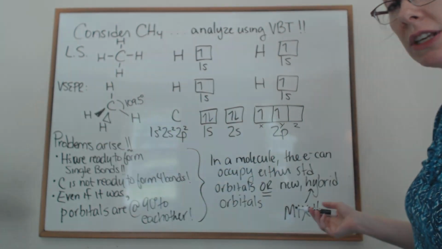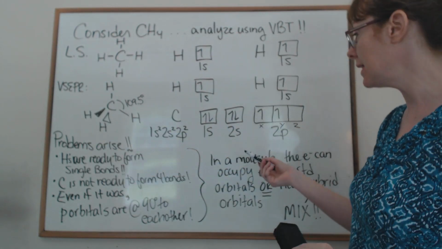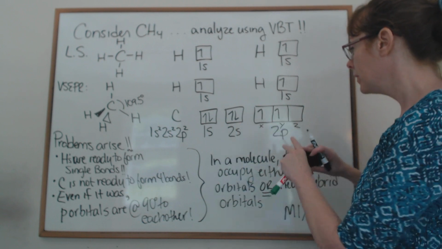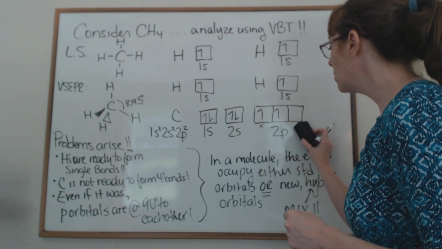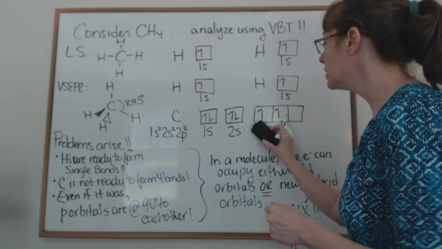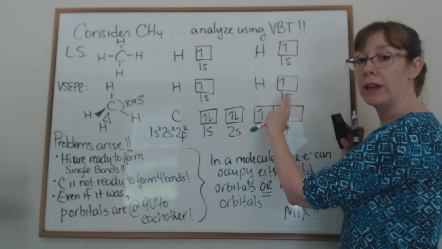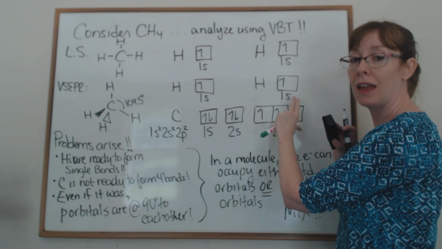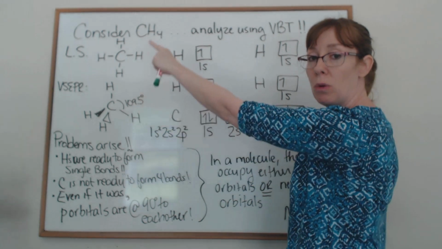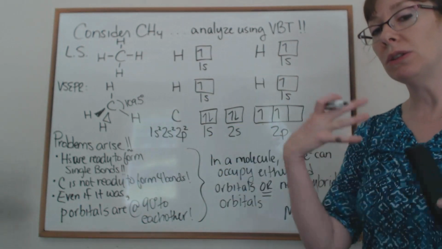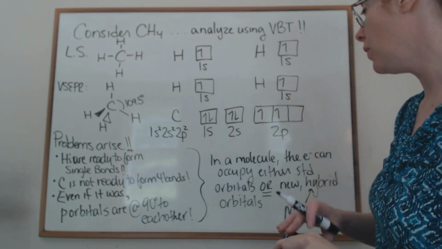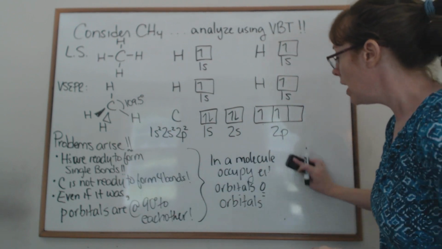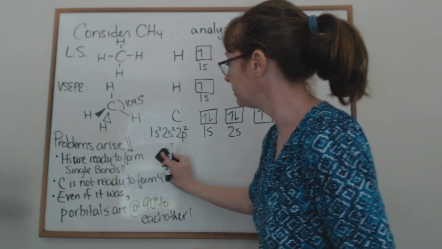So let me go ahead and just, I'm going to explain what it's called in just a second. But this type of orbitals are not the ones that carbon's going to use for its bonding. They can't. It doesn't make any sense with what we know from data. So we propose that it uses a new mixture of orbitals. Let me go ahead and explain what I mean by a mixture. These new hybrid orbitals.